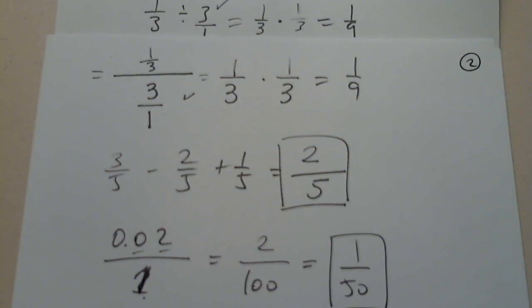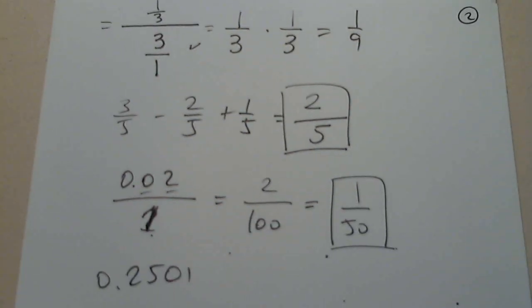Here we are asked to round each number to the nearest tenth. Tenth means the first decimal digit. So I'm going to copy both, 0.2501 and negative 0.2051. Good.